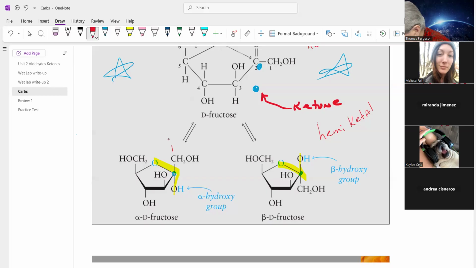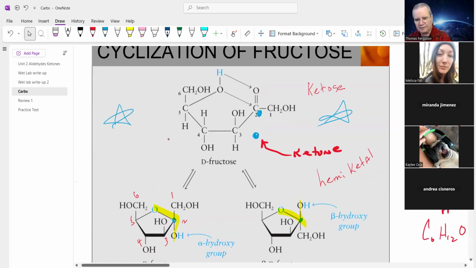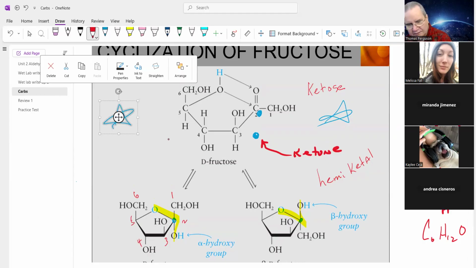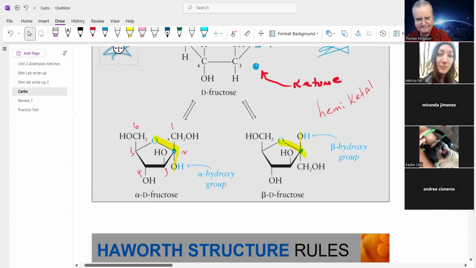This is carbon 1, 2. And they're numbered up here as well. Okay, so again, fructose falls into those two exceptions where we have a hydroxyl group next to the ketone carbonyl. So it will go back and forth between a ketone and an aldehyde.